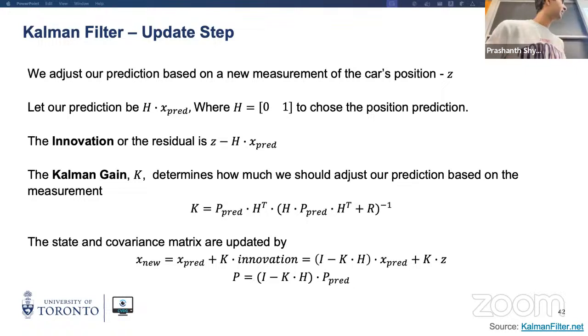And R here is another noise matrix, which is sampled from a normal distribution. So now with all of these values, everything combined, we get a new prediction, which is X new, which is X spread plus K times the innovation from there.